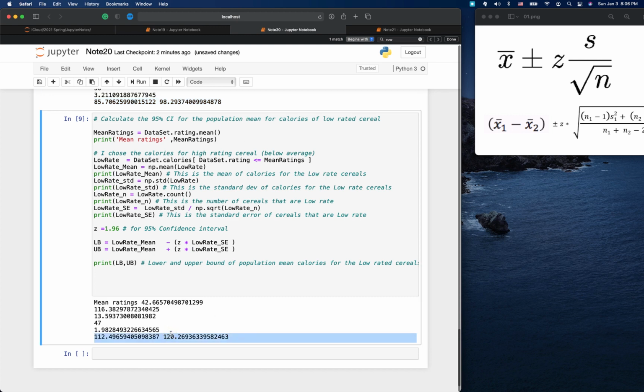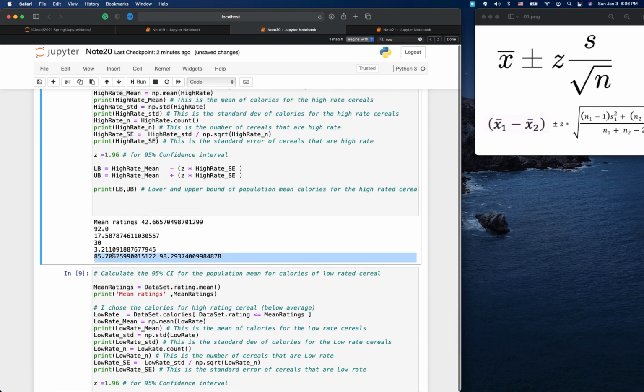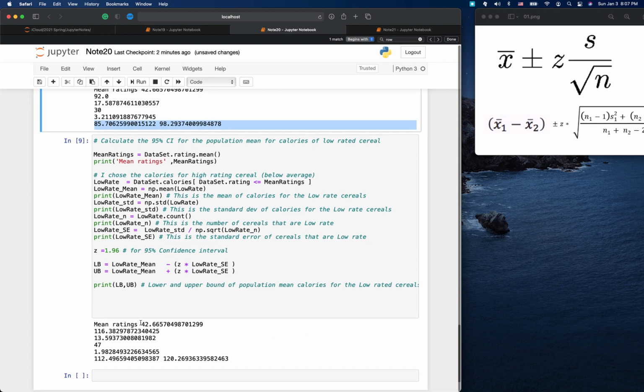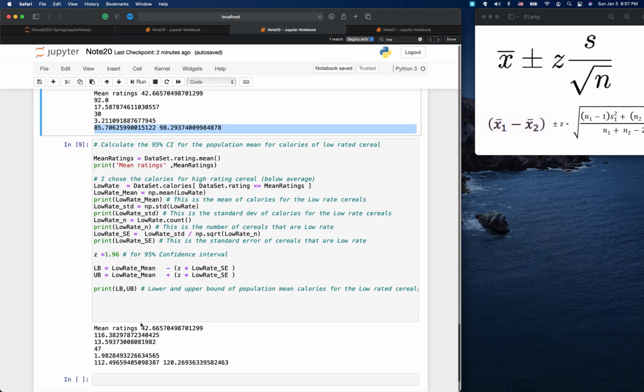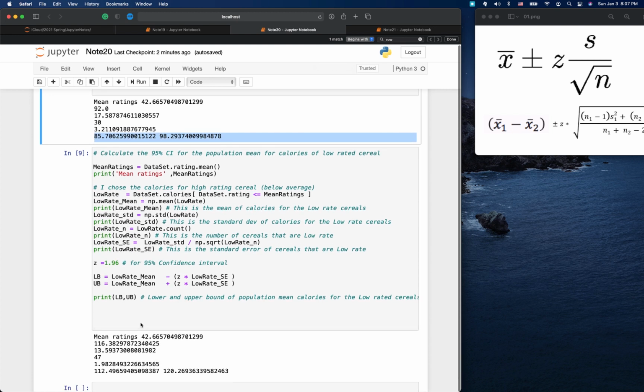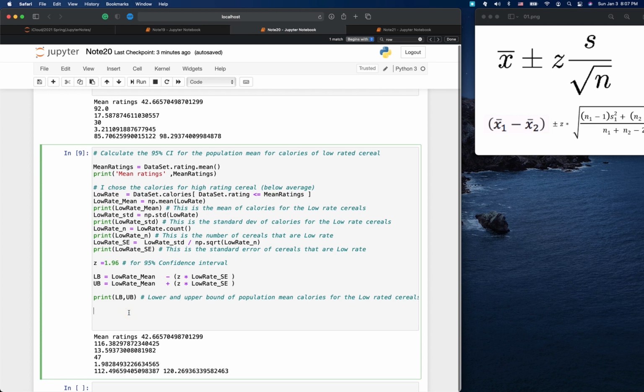And look what happens. The low rated cereal has higher calorie compared to the high rated cereal. That's very interesting. So we will see why some of the products have a better quality, and therefore they have a better rating, right?